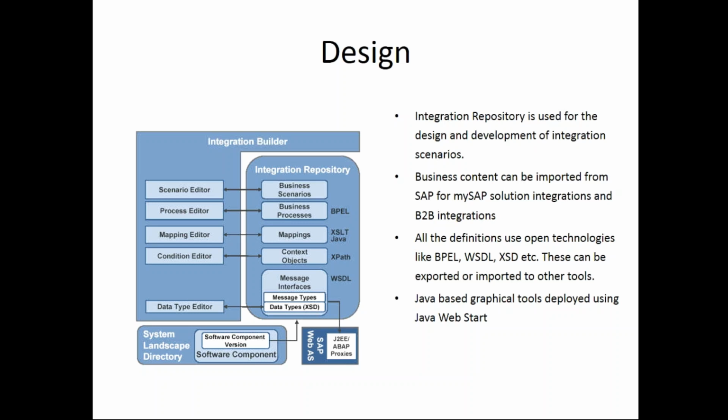Your SLD will track the details of all the systems, their installation details, and their patch details, which software patch level it has been updated to, so that when you want to communicate with those systems using the PI, the data transfer is very smooth and you don't need to do extra configuration for that. You don't need to connect each time to that system.